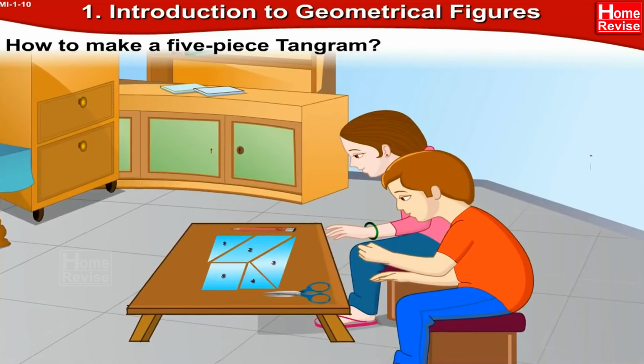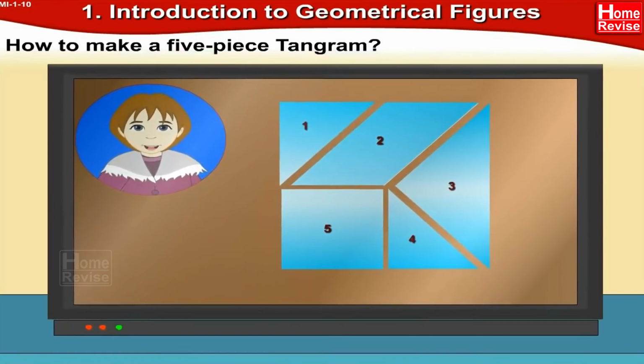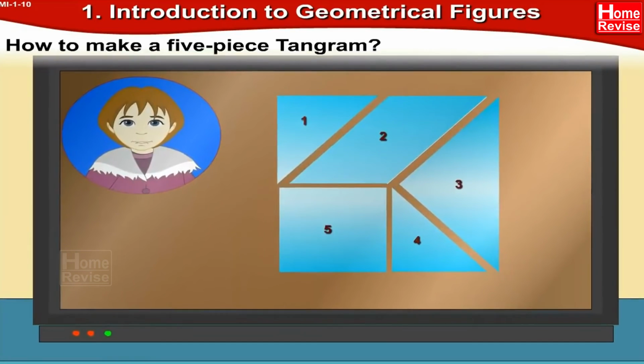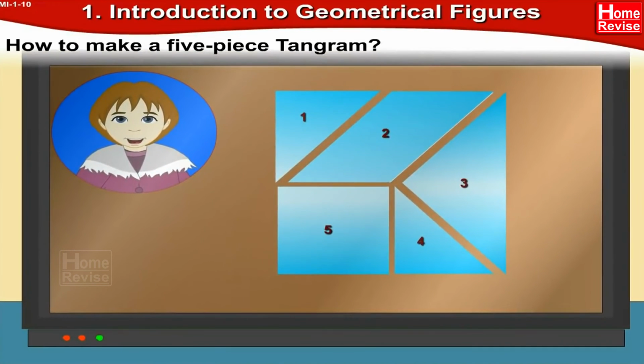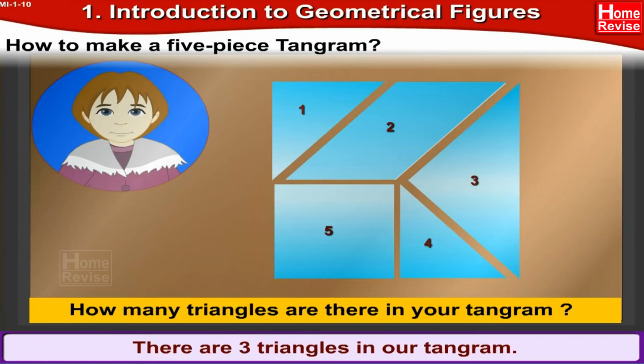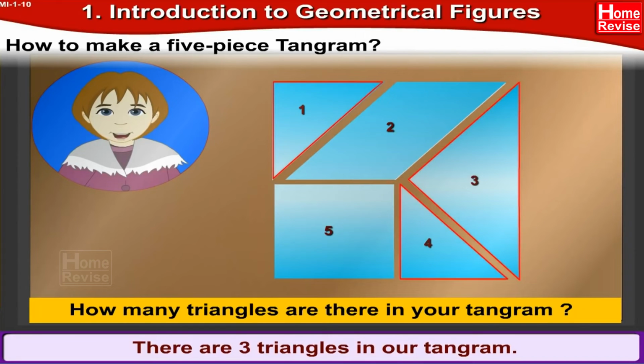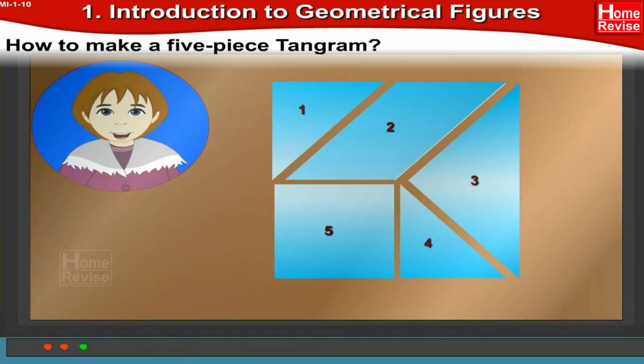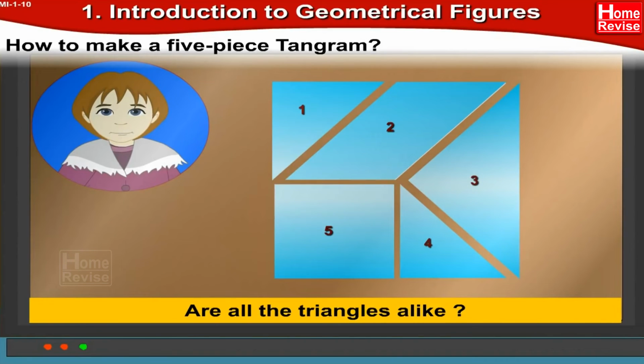Alright? Now, using the tangram here, answer the following questions. How many triangles are there in your tangram? Well, let us count. Well, there are 3 triangles in our tangram with number 1, number 3 and number 4. Are all the triangles alike?